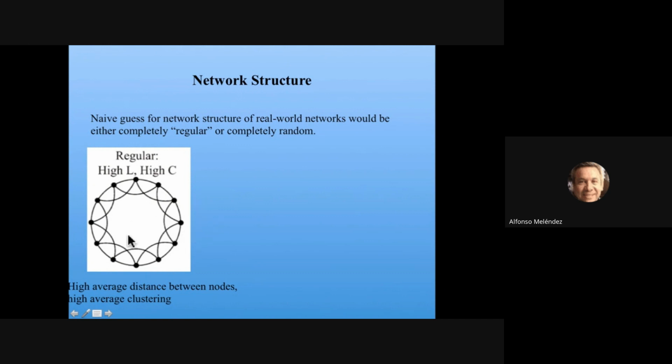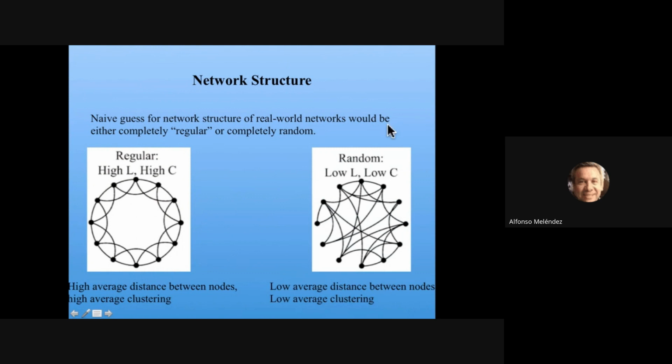So this has a high clustering coefficient. At the other extreme, you might consider a random network. That is, each node has the same number of connections, but they're connected randomly instead of to neighbors. And this kind of network has low average distance between nodes. That is, it doesn't take very long to get via hops from one node to another, but low average clustering.